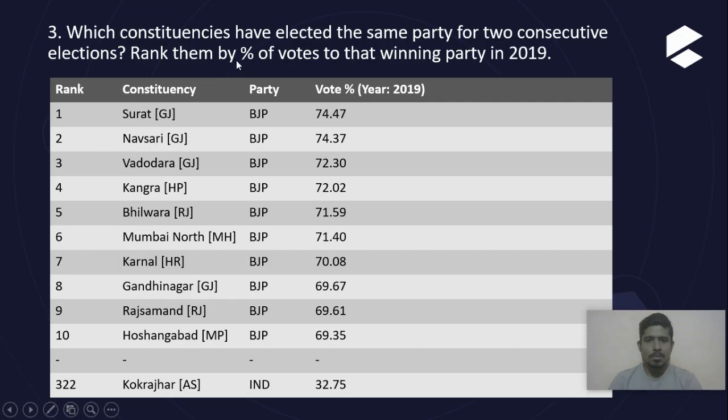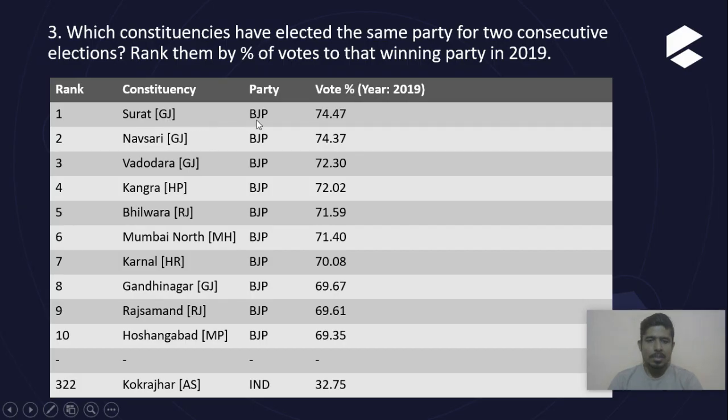Rank them by percentage of votes to that winning party in 2019. So there were a total of 322 such constituencies that elected the same party in both the 2014 and 2019 elections. Let us consider the example of Surat constituency of the state Gujarat.